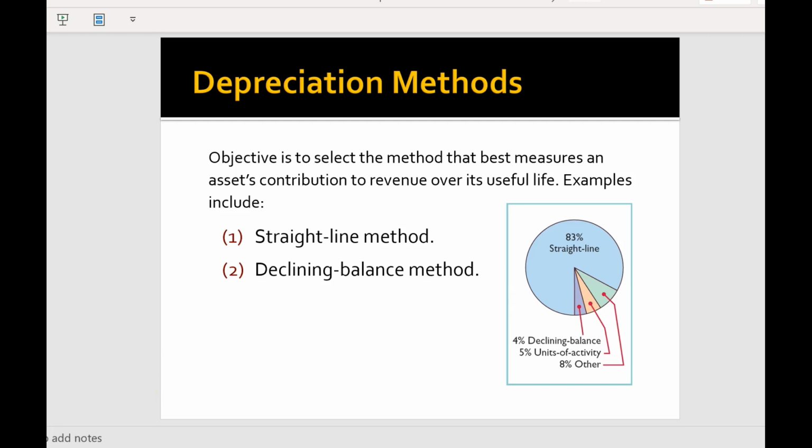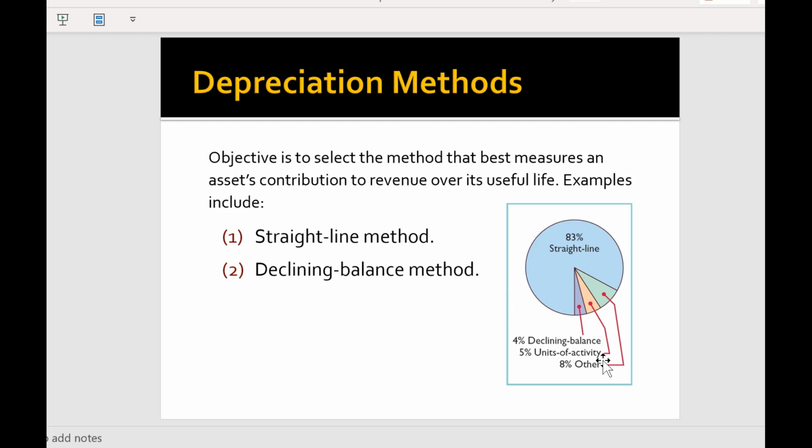Okay, so in reality, most of the firms use the straight line depreciation method. 4% use double declining balance, 5% use units of activity, which means the depreciation of the asset depends on how much the firm is using the asset.